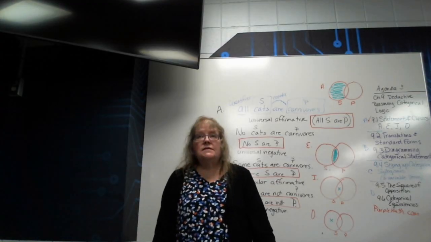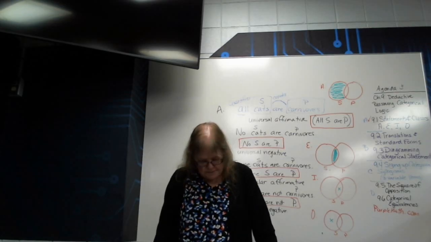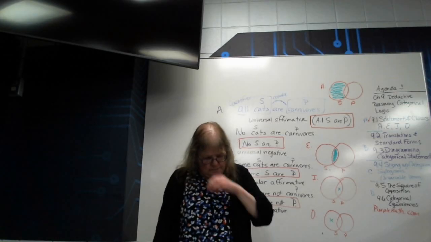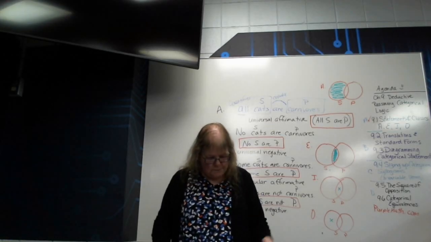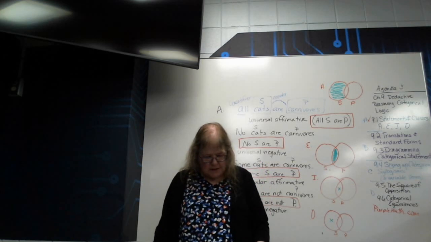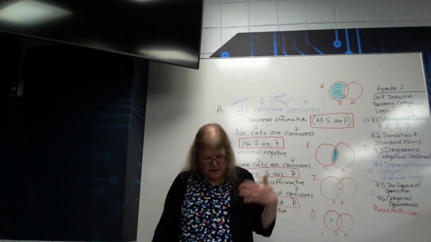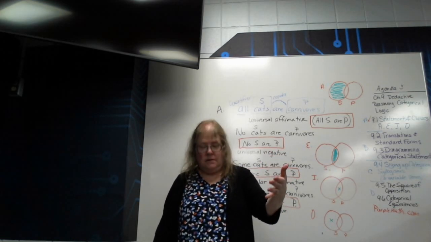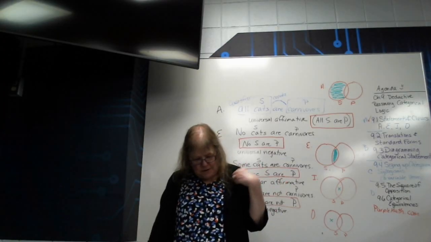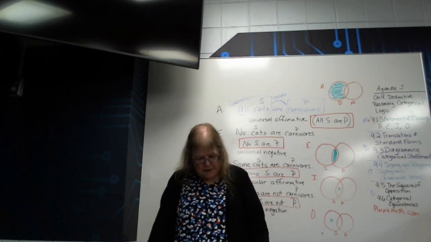Some of these, we try to make them hard when they're really not, okay? So if you look at the top of page 302, you have the diagrams clearly show these are equivalent, all SRP, no SR non-P, okay? So, yeah, they say the same thing.